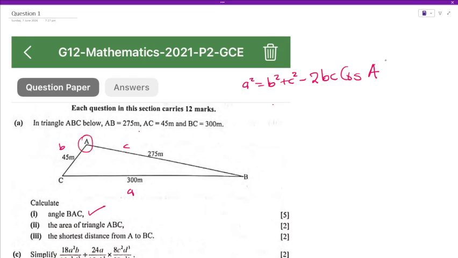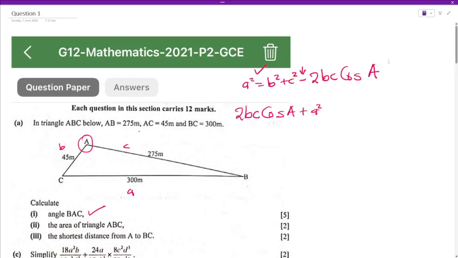Alright, and then I did mention that since we're now trying to find the angle at A, we need to make A the subject, of which I showed you how we are supposed to do this. So I said you lift this whole expression and bring it to the left. Since it's a negative, it is going to become positive, 2BC cos A plus A squared. Remember, there's already A squared on the left.